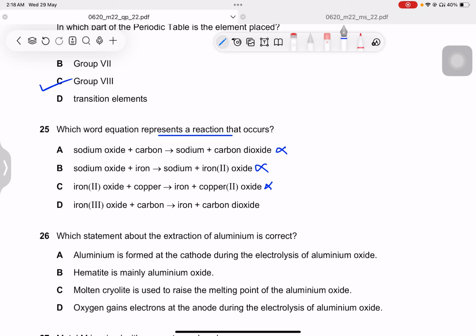But this reaction is in fact possible because iron(III) oxide, we have studied this in the extraction of iron: Fe2O3 plus coke or carbon produces Fe plus carbon dioxide. So this is a reduction reaction or a redox reaction in which carbon reduces iron(III) oxide.